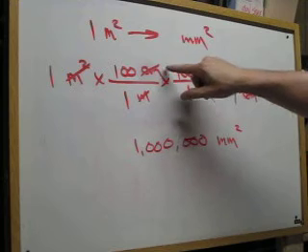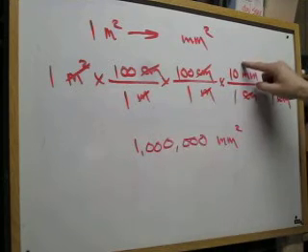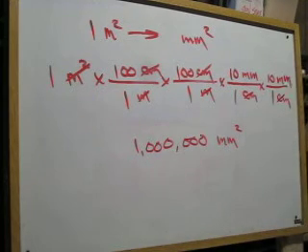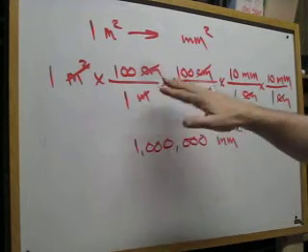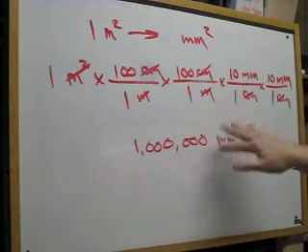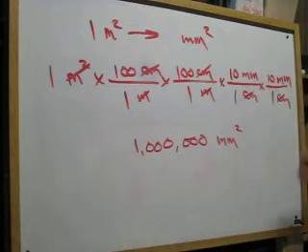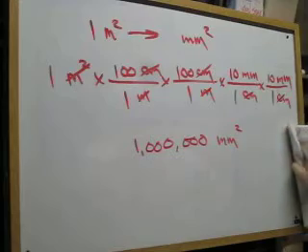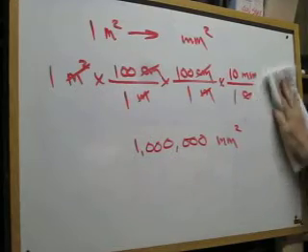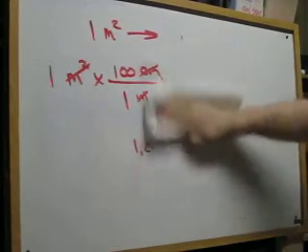Now, this whole idea of 100 centimeters in a meter and 10 millimeters in a centimeter, you can find that on tables, especially if you're looking at lengths between meters and centimeters and millimeters. You can find out those conversions there. I didn't just figure them out or make them up. They are in a table. So as you're looking through your tables in chapter 8, you'll see where those exist, particularly in 8.1.